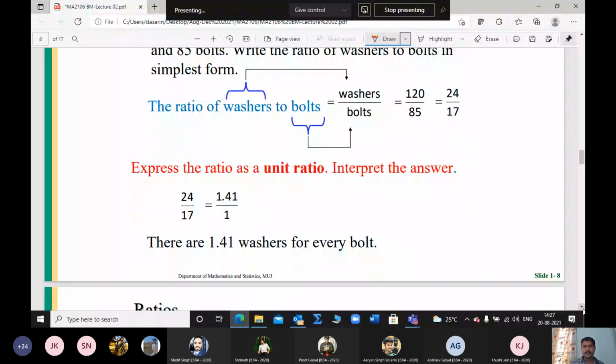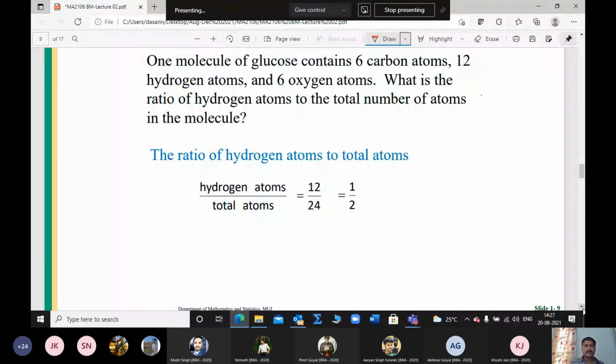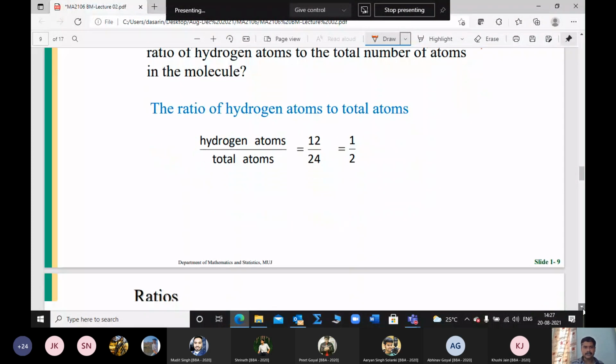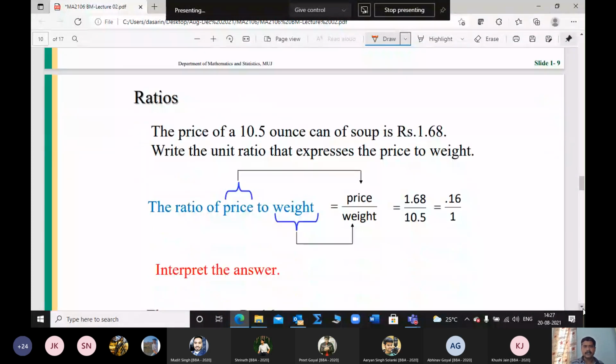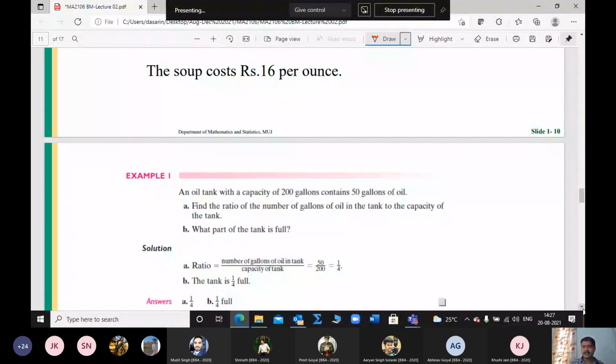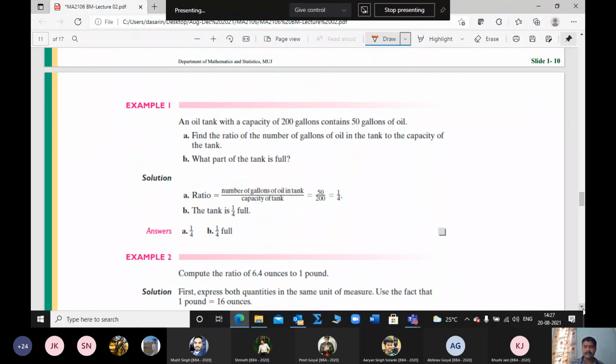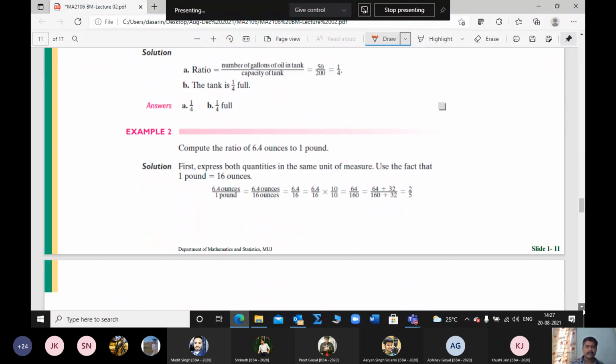Using these concepts, we solved a question on the number of hydrogen atoms to the total number of atoms. Whenever you are finding a ratio or proportion, make sure that the units of the numerator and denominator are the same. That is one more note we have taken from this class.